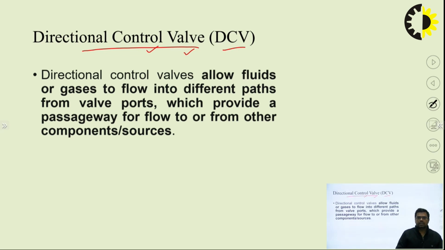So the directional control valve allows the fluid in a hydraulic system, or gases in a pneumatic system, to flow into different paths, that is movement along different paths with the help of different valve arrangements and port arrangements, which provide a passageway for the flow from one component to other components or sources.